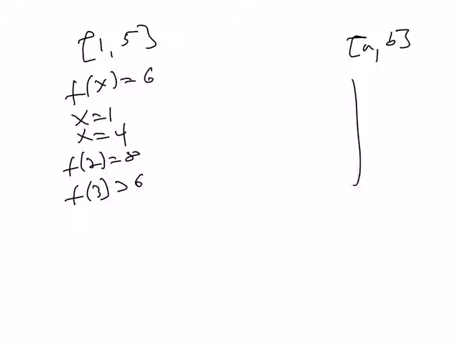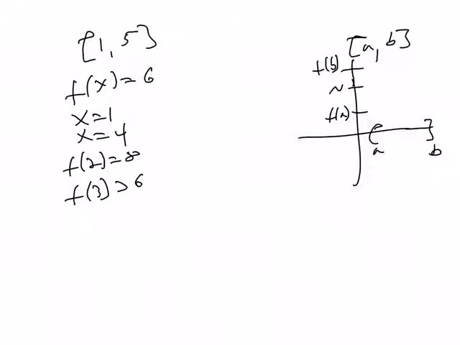Basically you have, let's say, a and b, and a maps over here, this is f of a, and b maps over here, this is f of b, and let n be any number in between them.